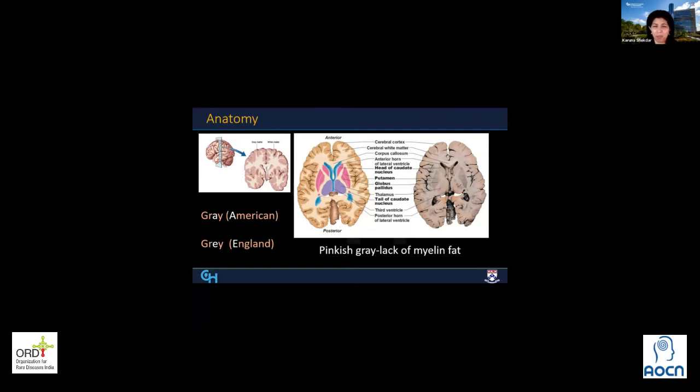Since half my life I spelled it with an E, you may see that I have used gray with an A and an E mixed in my talk. I think that is because you spend half your life in the UK way or the Commonwealth way, and then you come to the American way. So, why is it gray matter?